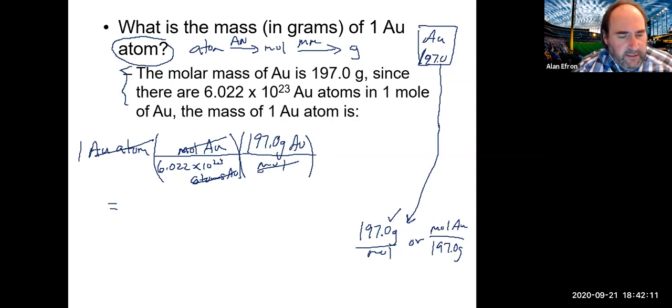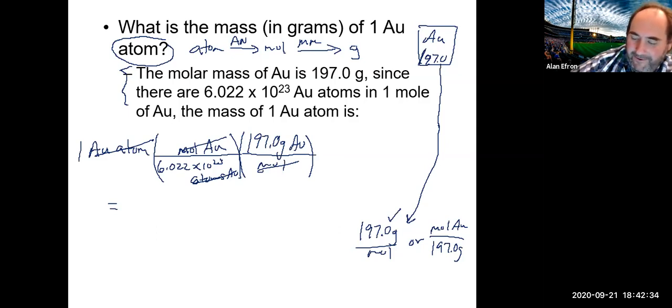So what we're going to do is multiply across the top. That is basically 1 times 197, hit equals, then divided by 6.022 exponent button 23. If you punch all that in correctly and your calculator doesn't die like mine, you will get a number.